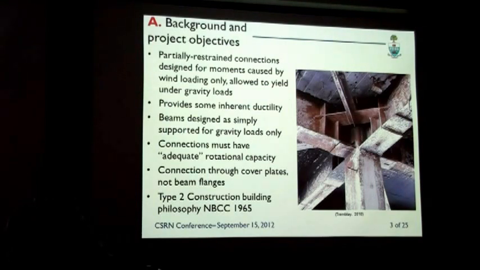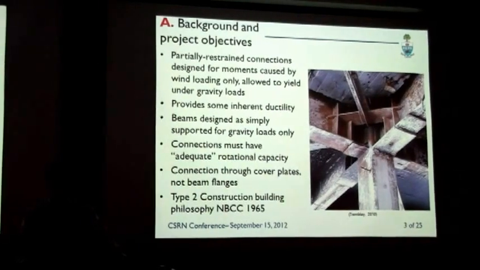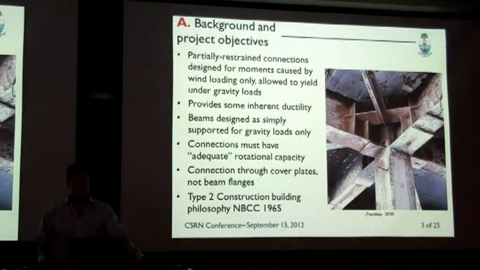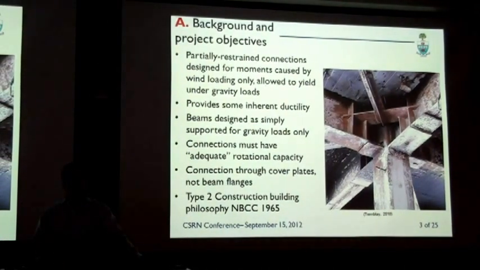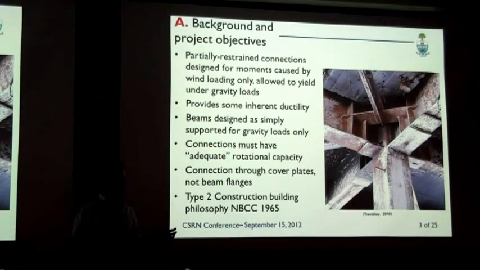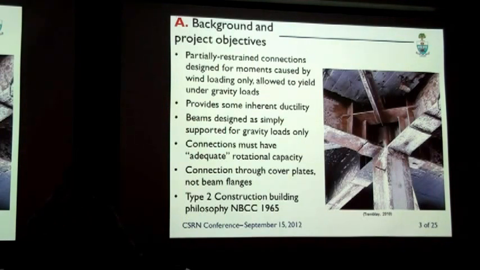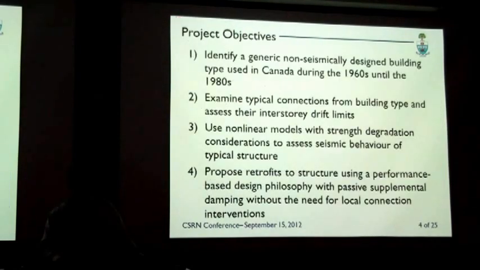Now these are different than the pre-qualified connections that famously displayed the brittle fractures in Northridge and Kobe, as those were seismically designed, and they primarily had the beam flanges connecting directly to the column, whereas these have the cover plates. The SAC project did address these briefly, but not nearly to the same extent as the pre-qualified pre-Northridge connections, and they said that more work was required.